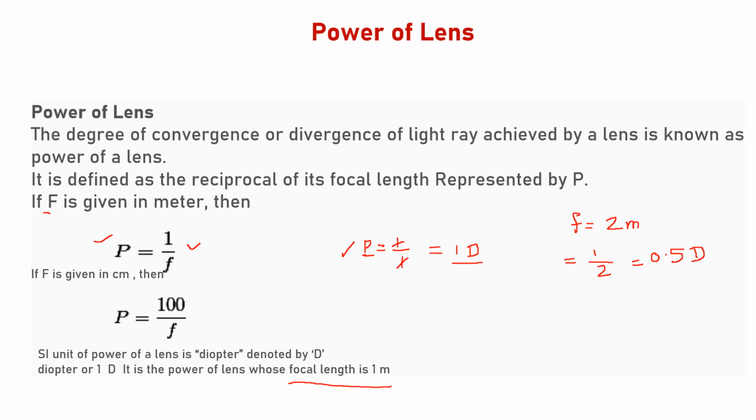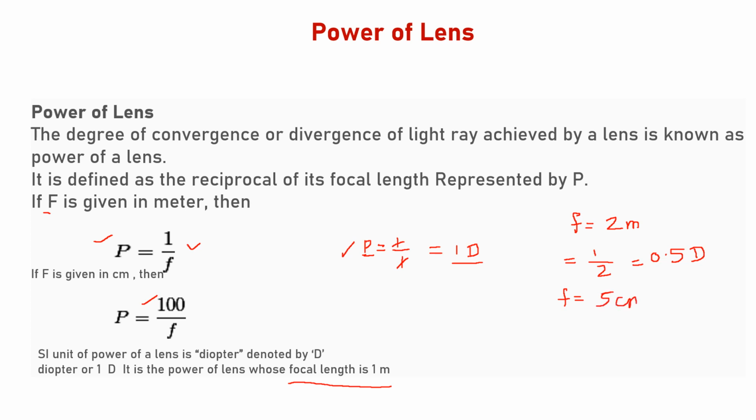Clear? And in case the focal length is given in centimeters, you have to use this formula, right? Suppose the focal length is given as 5 centimeters.